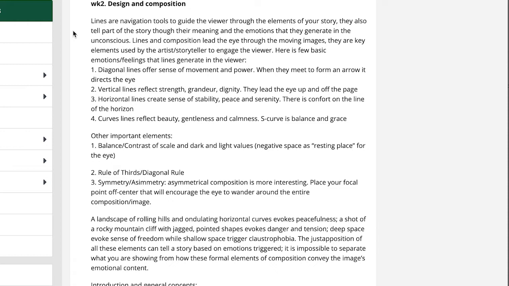It is impossible to separate what you're showing from how these formal elements of composition convey the image's emotional content. So remember that whenever you choose a shape, a position for your element in the composition, those choices will affect the viewer, will affect the mindset, the psychological element of the viewer, how that viewer perceives those elements that you chose.